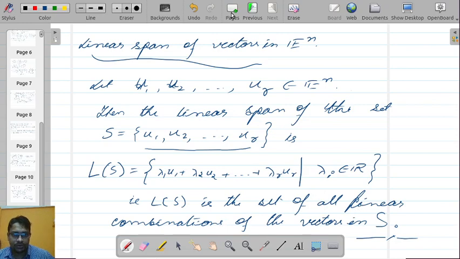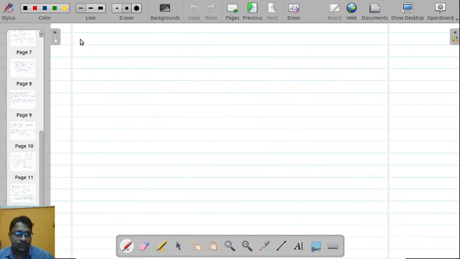So for example, consider S equal to (1,0), (0,1), which is a subset of E to the power 2, because there are two coordinates here.